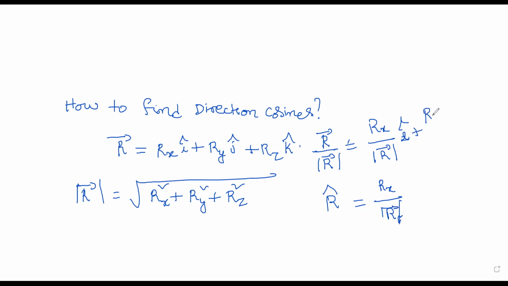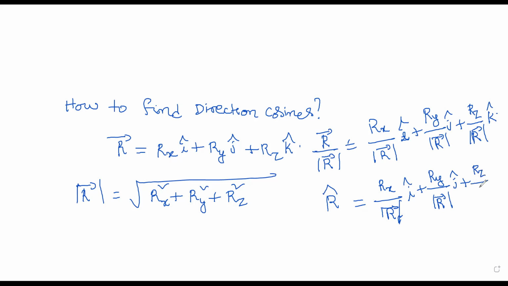Plus you can write Ry by mod R bar j cap plus Rz by mod R bar k cap. Like this you can write. So you have Rx by mod R bar i cap plus Ry by mod R bar j cap plus Rz by mod R bar k cap.